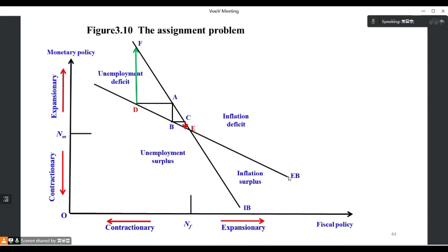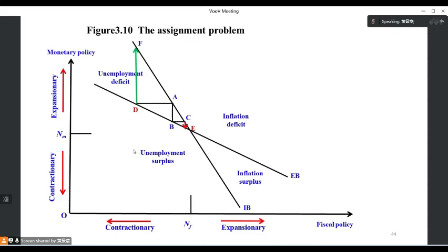Under the line EB, this country has a surplus of current account, and over the line EB, this country has a deficit of current account.